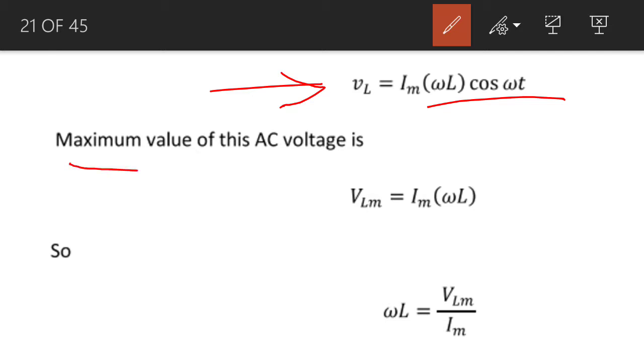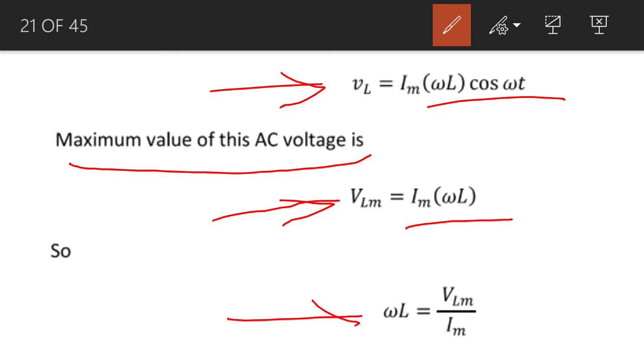And the maximum value of the AC voltage across the inductor is equal to the maximum value of the current into omega L. So omega L will be equal to the maximum voltage across the inductor divided by the maximum value of the current, and this quantity gives you the resistance of the inductor.